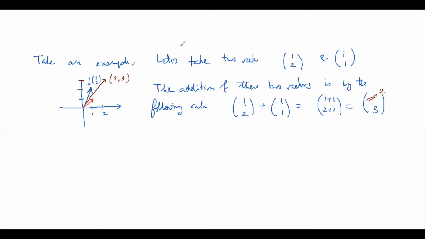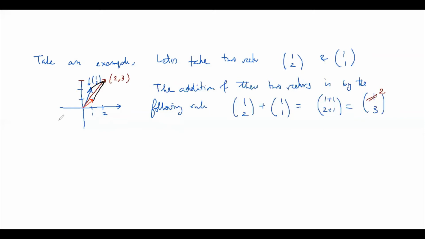Okay. So this is the definition of adding two vectors, and you can check that this is the same as completing a parallelogram in the following way. If you complete this parallelogram with these as the sides, then this is the diagonal of the parallelogram.